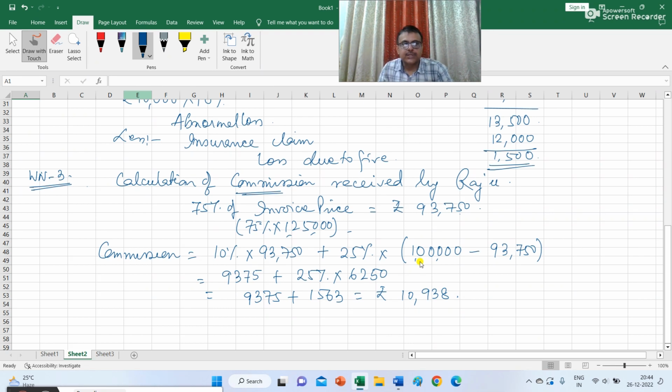Now this calculation is very important. How I have calculated the amount of commission that was received by Raju is 75% of the invoice price, which is 93,750. Now Raju made a sale of rupees 1 lakh. So what is the amount which was in excess of the invoice price? This was 6,250.